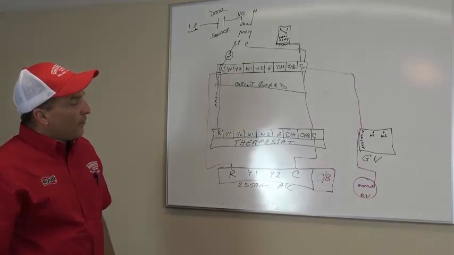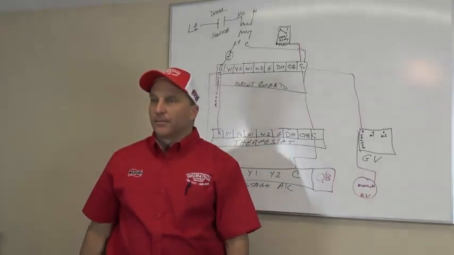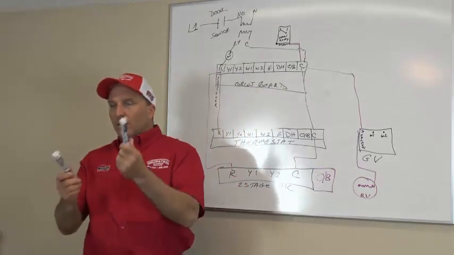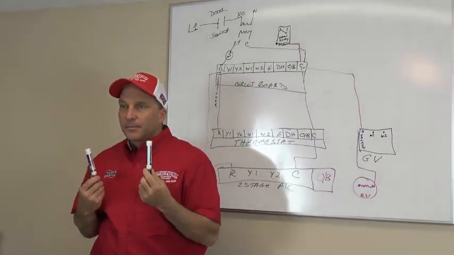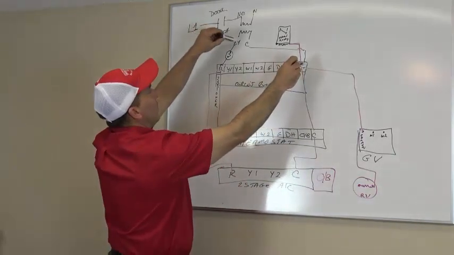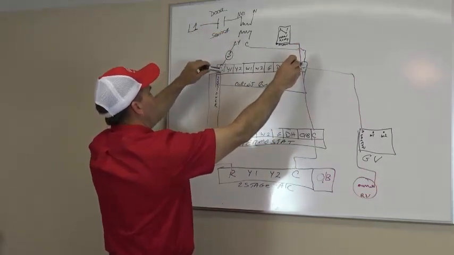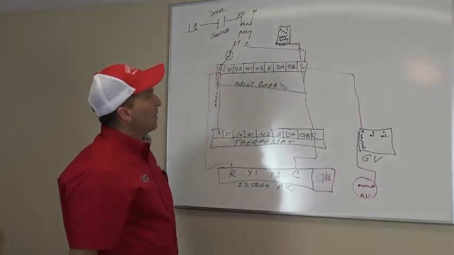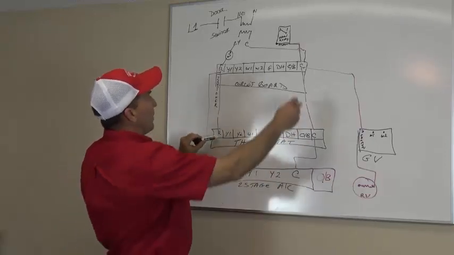So with every load, there has got to be a common. If I take one lead on my meter and leave it somewhere, where am I going to leave it? I'm going to put it here, and I go from here to here and read 24. Here, 24. Here, 24. Here, 24. If I had something broken between here and here, would I read 24?